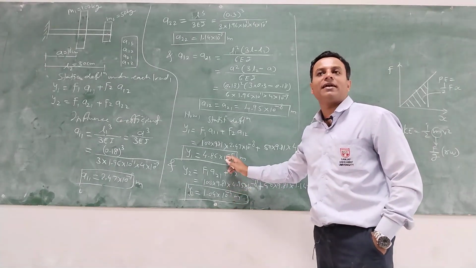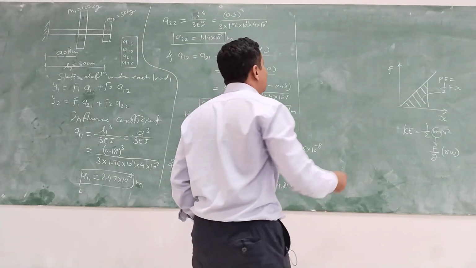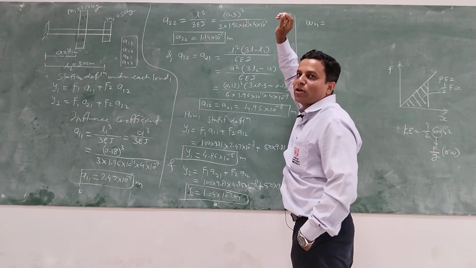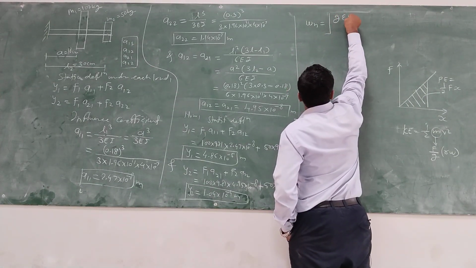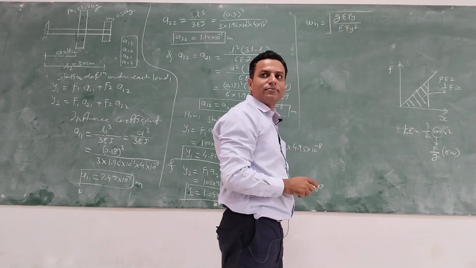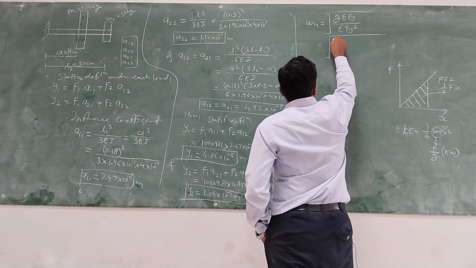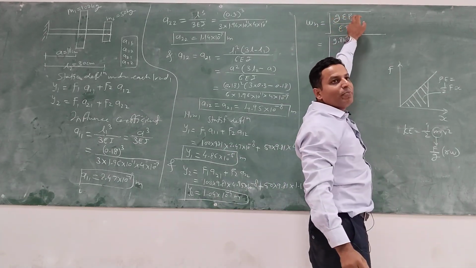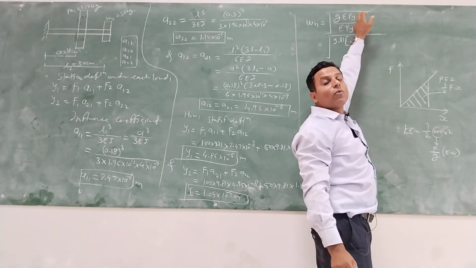after getting the displacement under each load, we will have to use the Rayleigh's formula. Now what is the Rayleigh's formula? To determine the natural frequency, the natural frequency by Rayleigh's formula equal to root g summation Py divided by summation Py square. So I'll put the values under root g 9.81 in bracket summation Py means P1 y1.